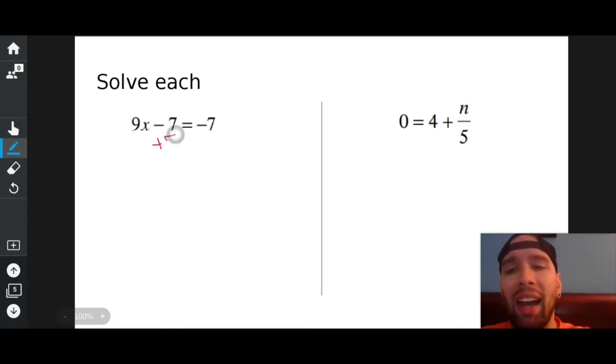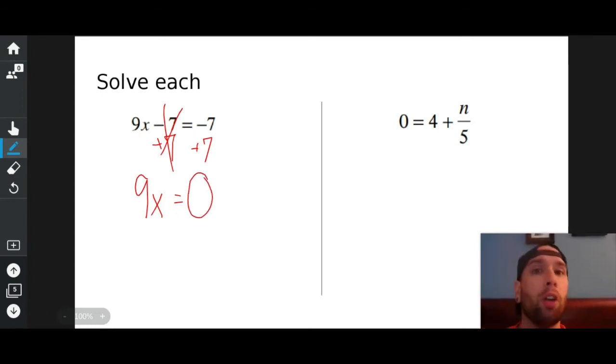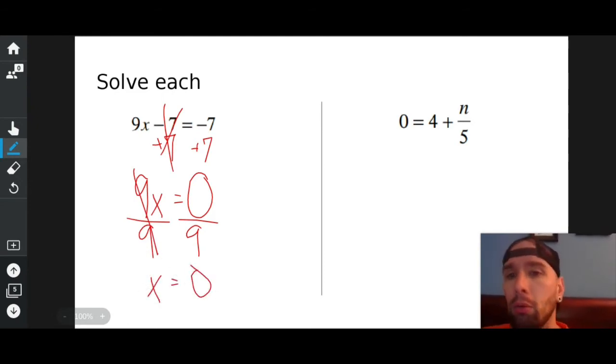So I'm going to add 7, add 7. 9x equals negative 7 plus 7 is 0. Now, a lot of people look at 0 and say, oh, I must have done something wrong. No, you didn't. 0 is a number. You're allowed to have 0 as an answer. If I divide both sides by 9, 0 divided by 9 is still 0. So the answer is 0. X is 0. You're allowed to have 0 as an answer.